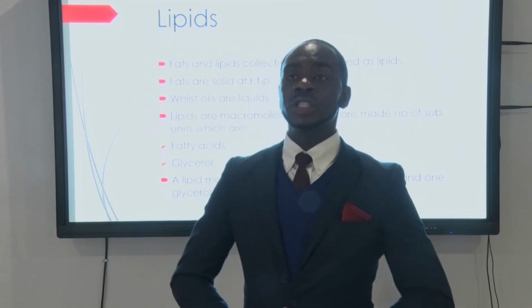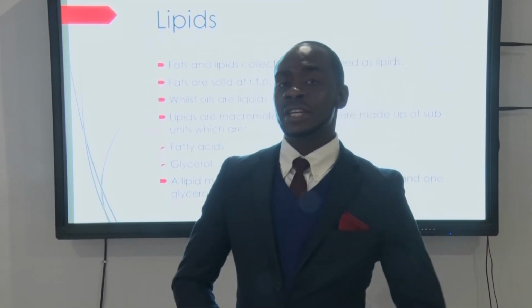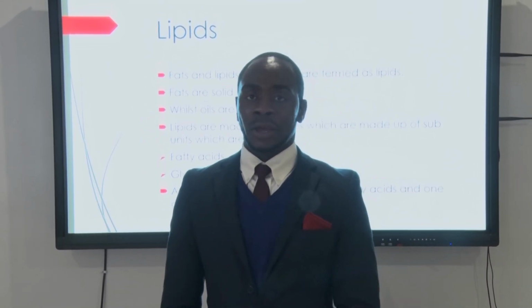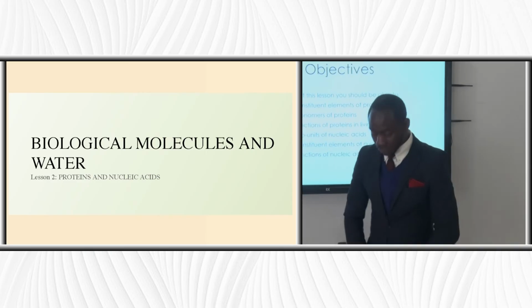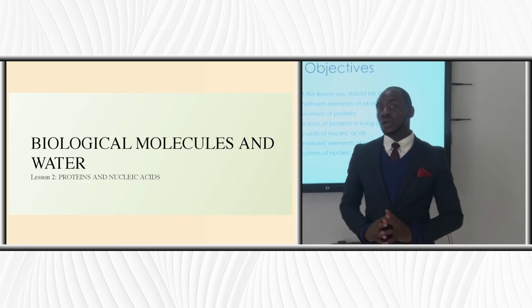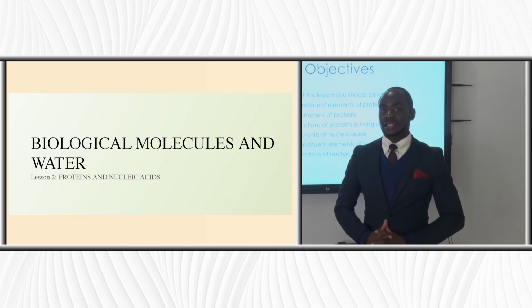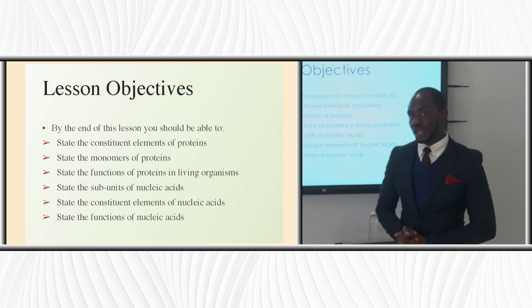Okay, this concludes our lesson on carbohydrates and lipids. Now, let's move on to proteins. Okay, we are now looking at proteins and nucleic acids. Let's begin by looking at the objectives.